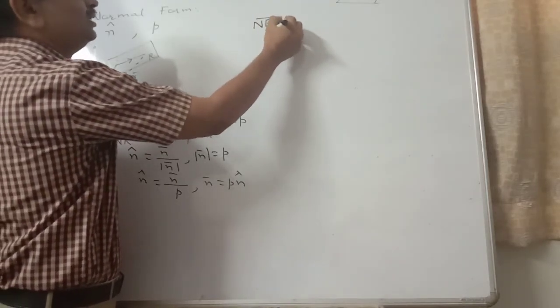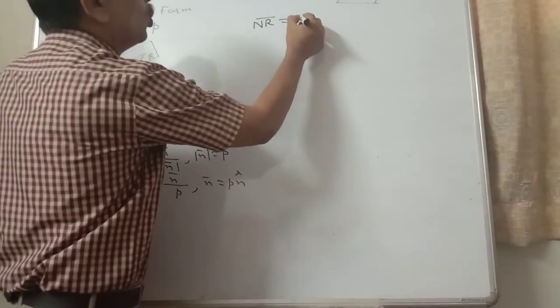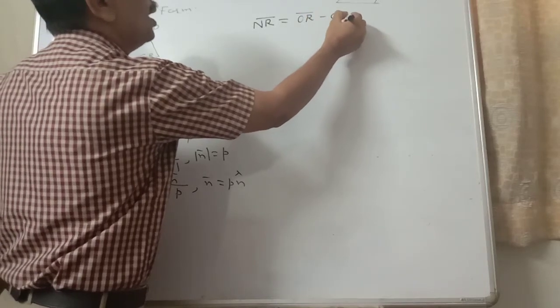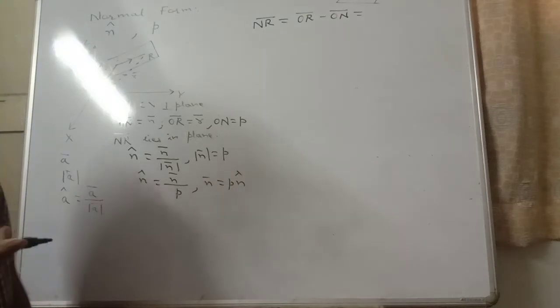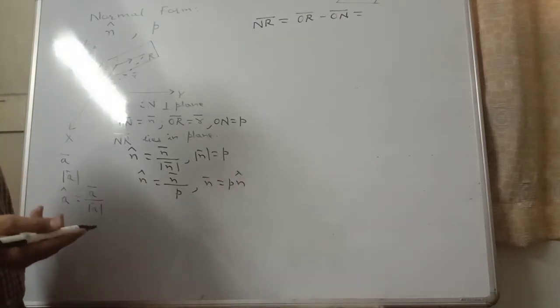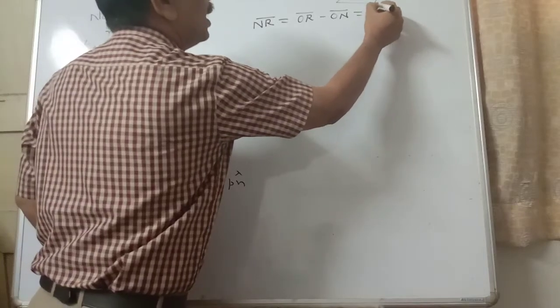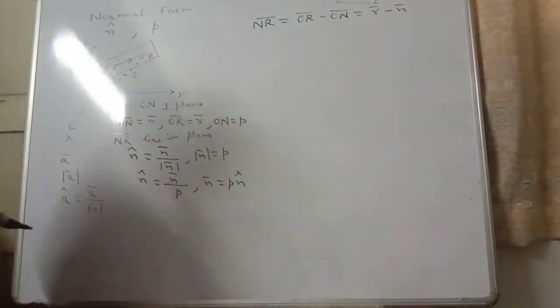A vector in space can be expressed as the position vector of the terminal point minus the position vector of the initial point: OR bar minus ON bar. Usually the position vector of a point is denoted by a small letter. So here OR bar equal to r bar, minus ON bar equal to n bar.